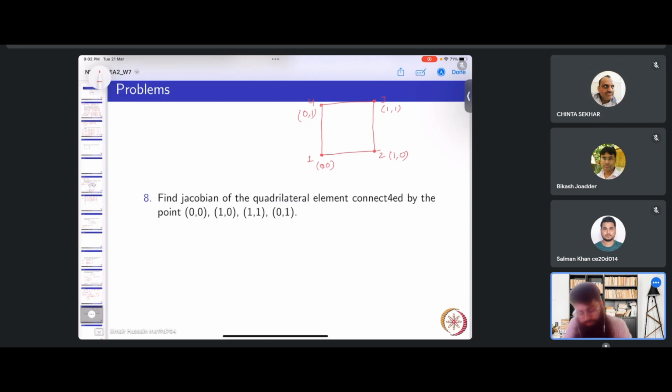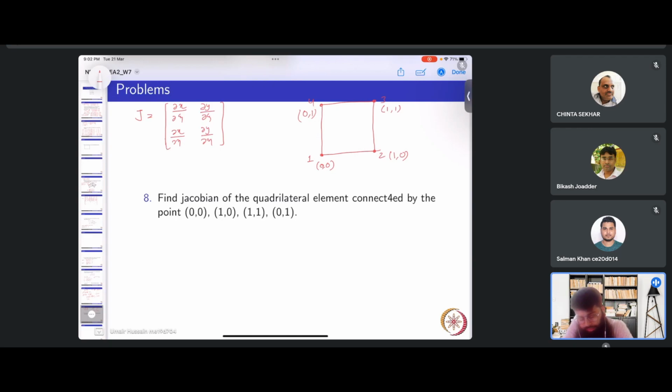So first of all, we want to find the Jacobian, right? The Jacobian is dou x by dou zeta, dou y by dou zeta, dou x by dou eta, dou y by dou eta.